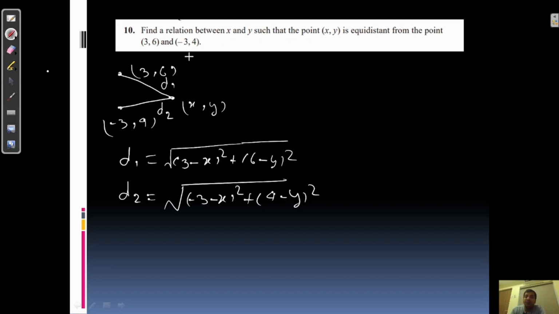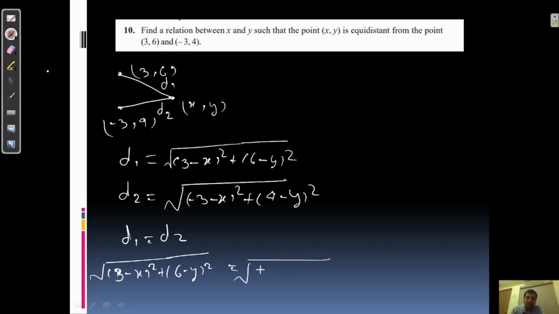They are saying both the distances are equal, so I am keeping d1 equal to d2. d1 is root of (3 minus x) whole square plus (6 minus y) whole square is equal to d2. d2 is root of, should I ignore these minus signs because both are negative and the square is there, so I am saying it is (3 plus x), okay, plus (4 minus y) whole square.